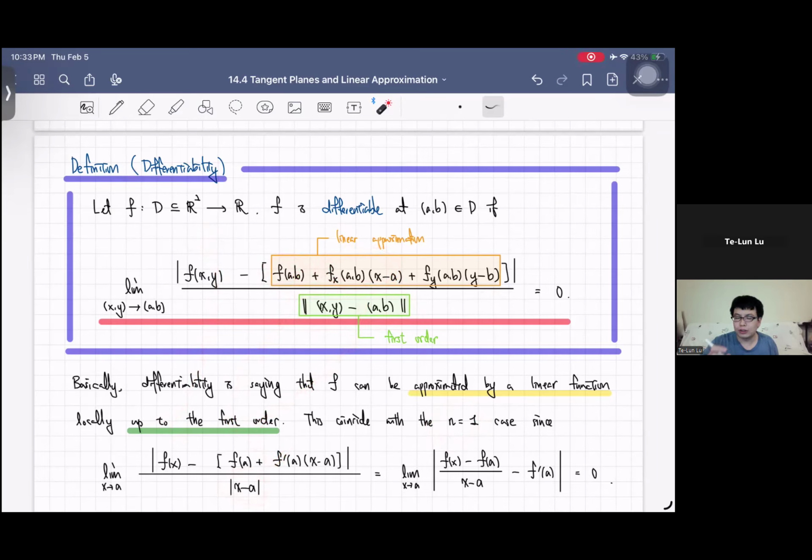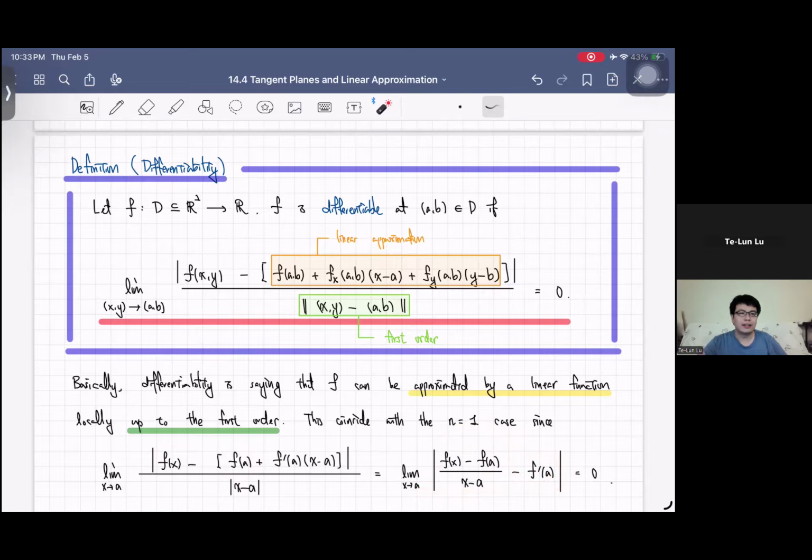And if we just put the quotient inside, you will get f of x minus f of a divided by x minus a minus f prime of a. So you see that is basically the definition of differentiability, right? Simply that this kind of limit exists and it actually converges to some number, which is f prime of a, right?